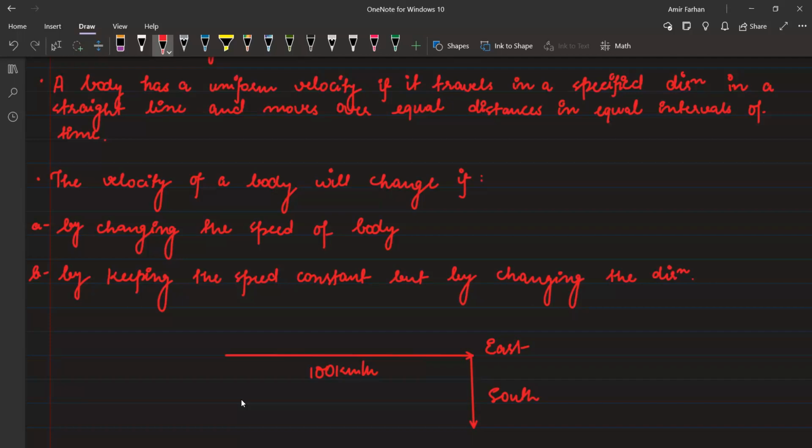No, the speed of the body is not changing. Only its direction is changing. So that's why velocity will change. Velocity has two factors. If any of the factors changes, it will change.